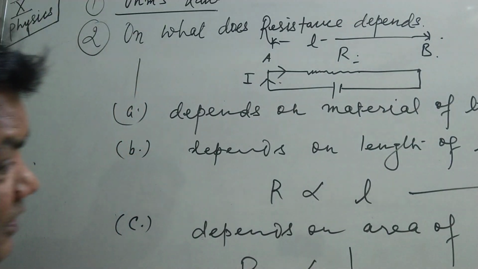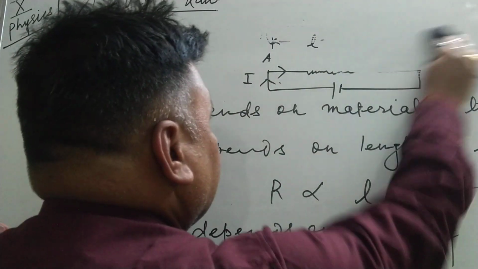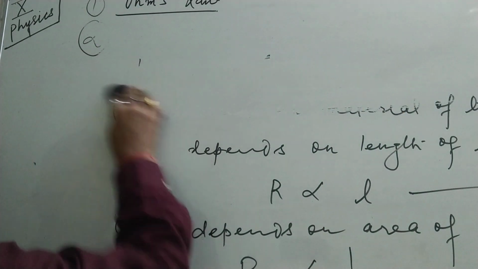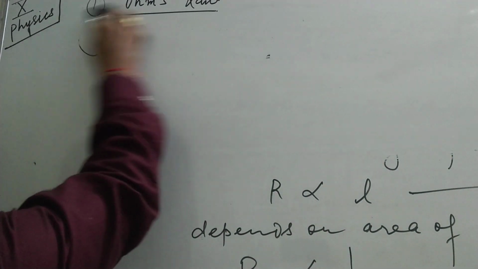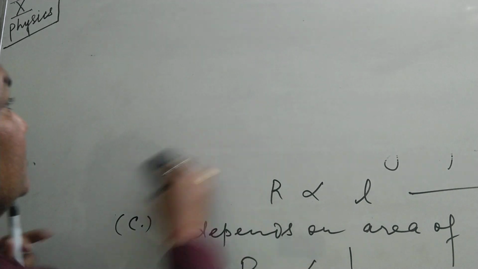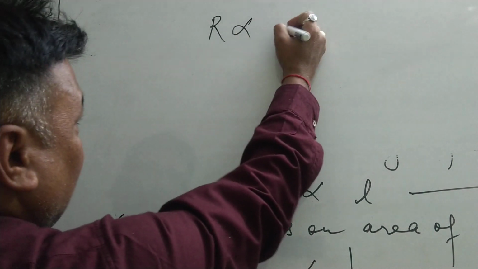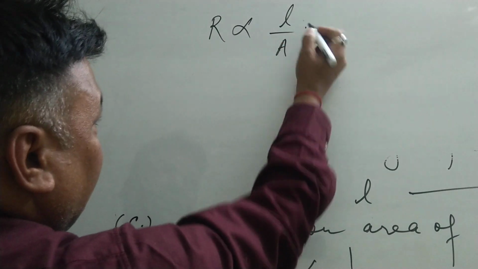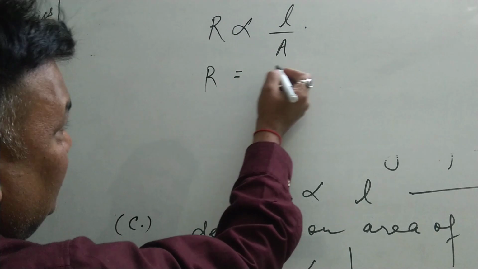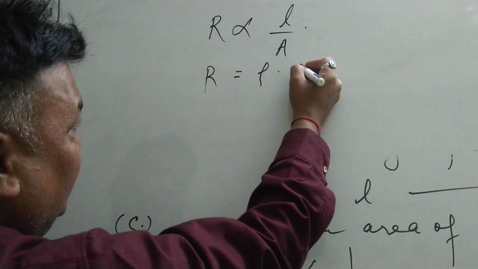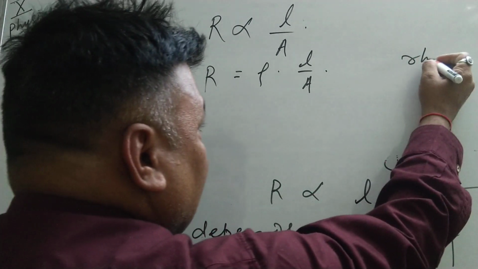So from equation 1 and 2 you can write R is directly proportional to L upon A, or you have a proportionality constant here, rho, it is known as rho.